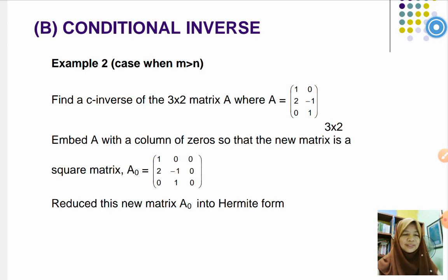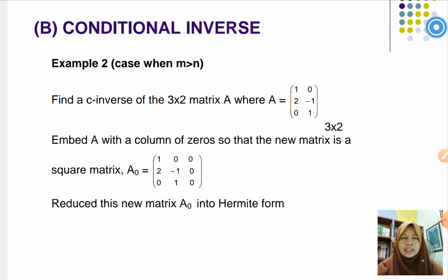We have more examples to go. Okay, for the case where m is greater than n, find C inverse of the 3 times 2 matrix A equals 1, 2, 0.